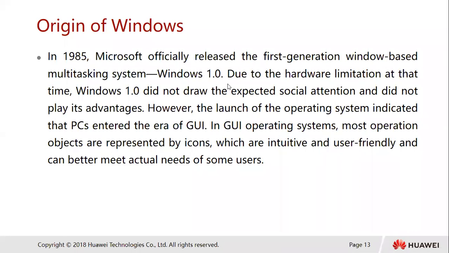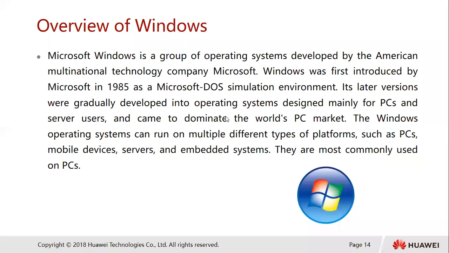Then we had development in hardware and software, which led to Windows XP, Windows 2000, Windows 8, Windows Vista. Up to now, we have Windows 10. Windows, of course, is user friendly.